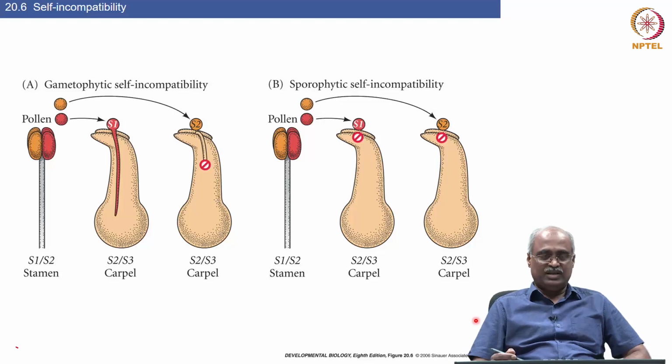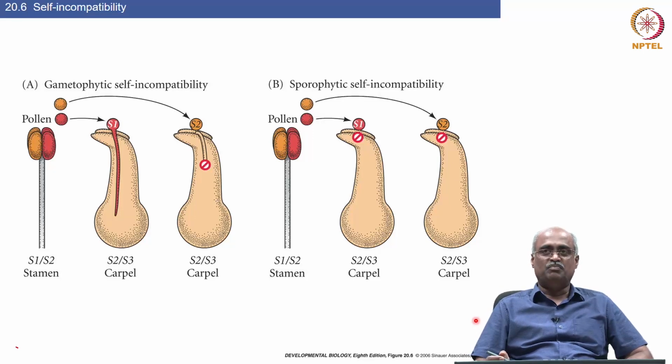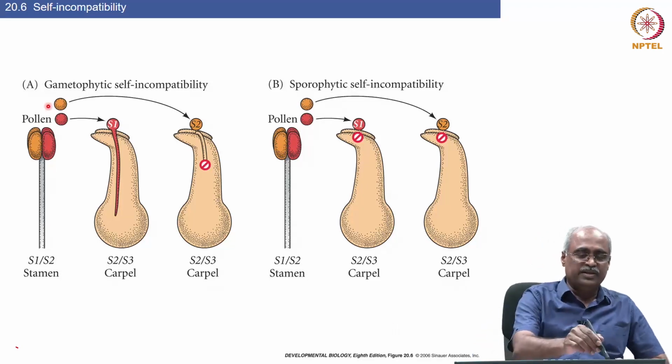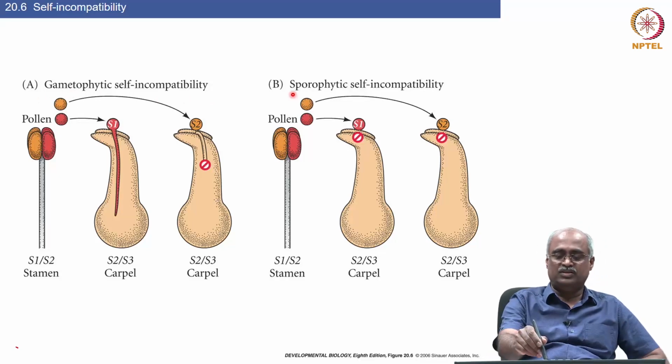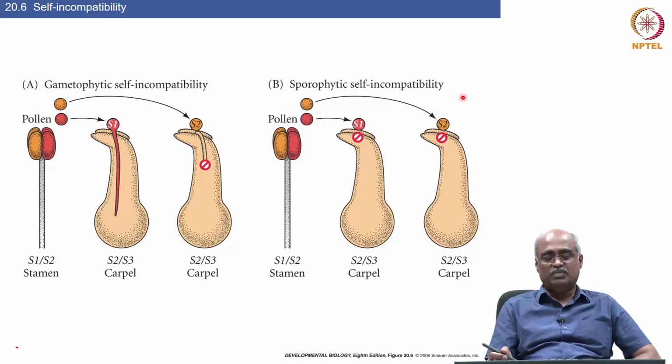Then you have something called intraspecific self-incompatibility, where within the species it does not happen, and that is the process that has been well understood, and that is what we are going to look at in some detail. This intraspecific self-incompatibility again can be classified into two types. One is gametophyte self-incompatibility, and the other one is sporophyte self-incompatibility.